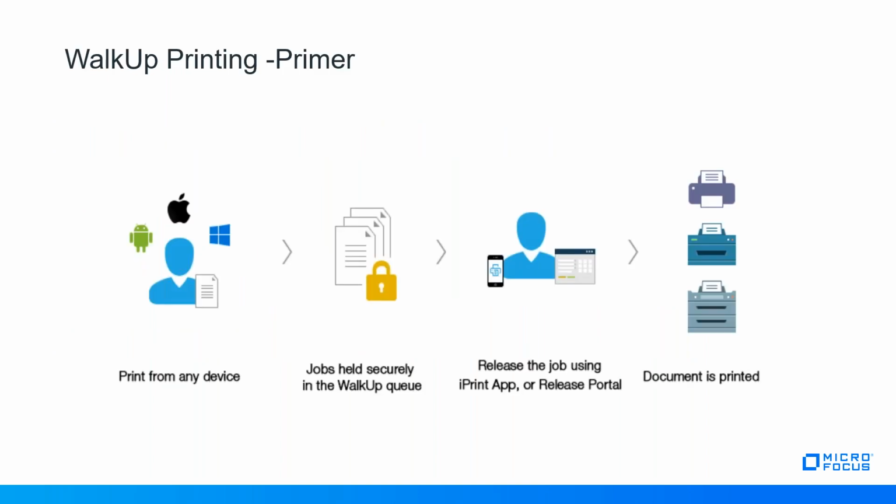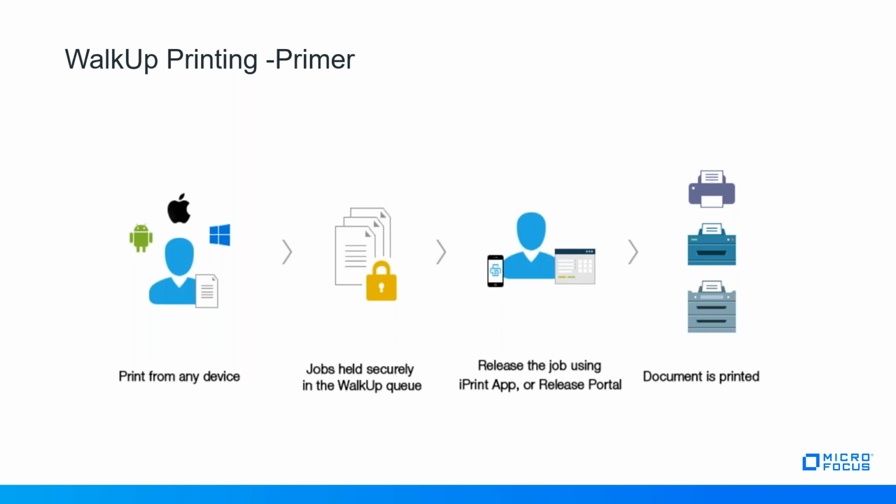Before we go into the detail of the advanced authentication, we will take a look at one of the features from printing which integrates with the advanced authentication, and that is WalkUp printing. So what does WalkUp printing do? You can basically print from any device, and the print jobs stay securely on the print server.